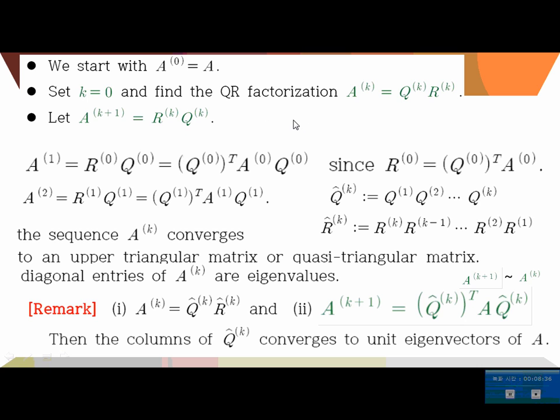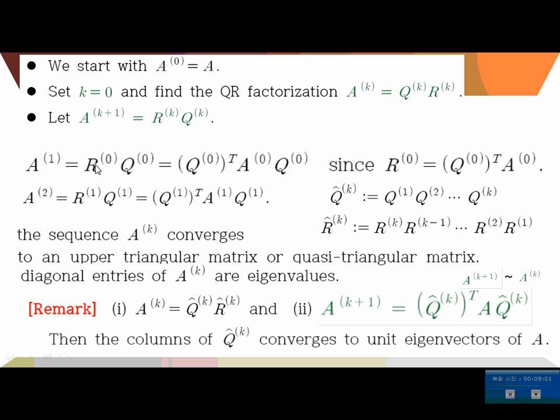What this means is, as you see, since Q is a real orthogonal matrix or a complex unitary matrix, if you multiply the transpose of Q_k on both sides, this is going to be an identity matrix. So R_k is Q_k transpose times A_k.